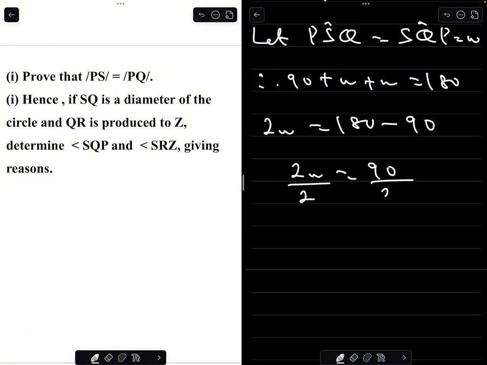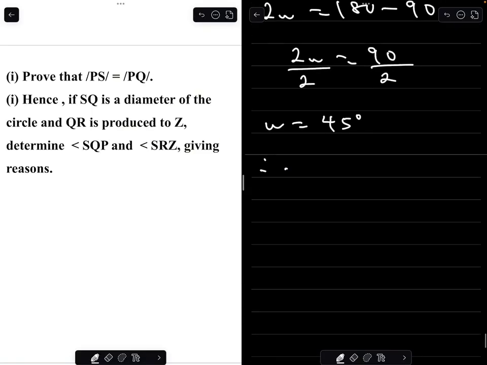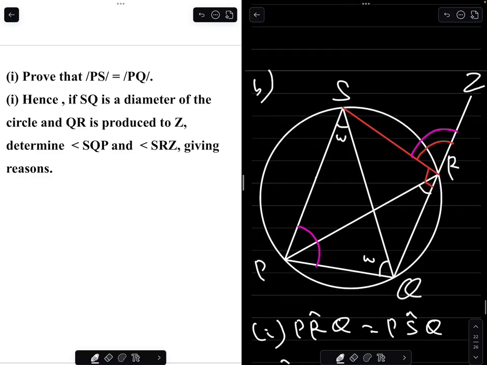Dividing through by 2, W equals 45 degrees, which therefore means angle SQP is equal to 45 degrees.